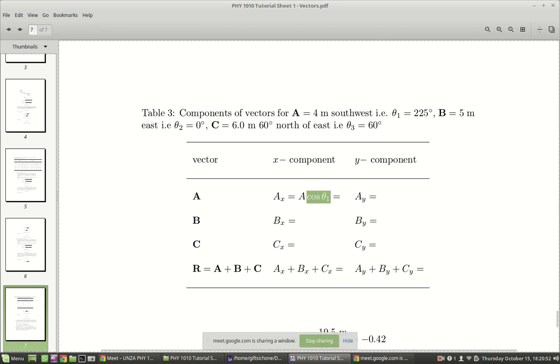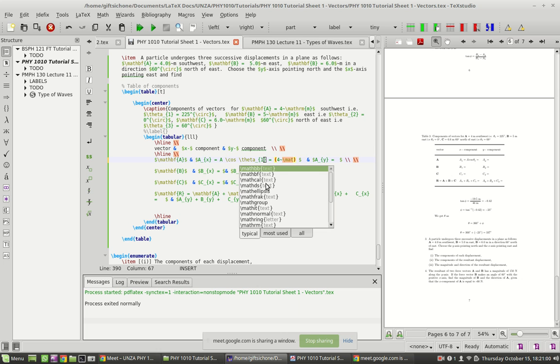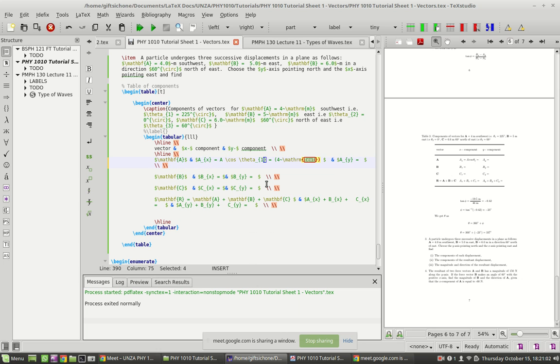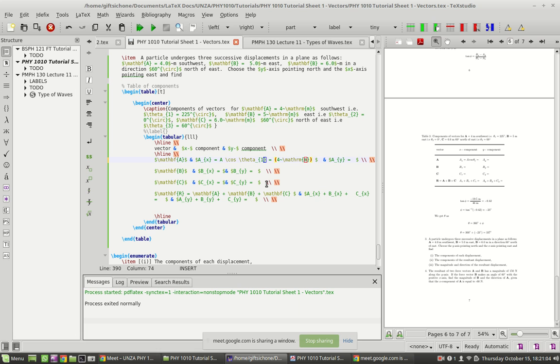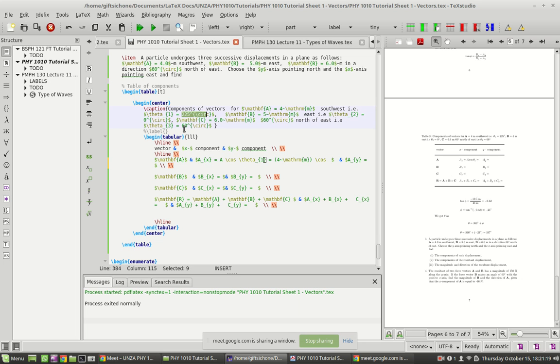How much is A? Does it have any units? What is the size of A? 4 meters.